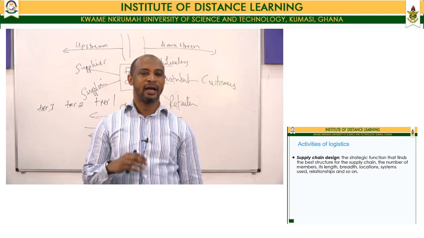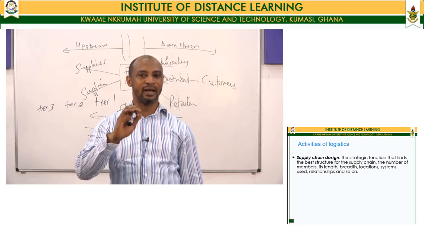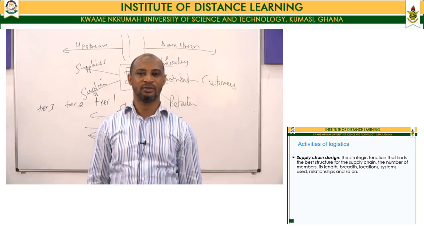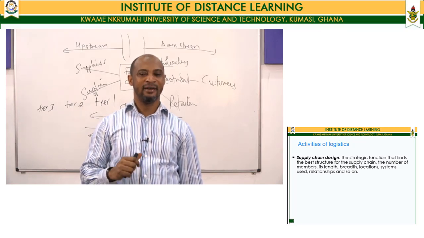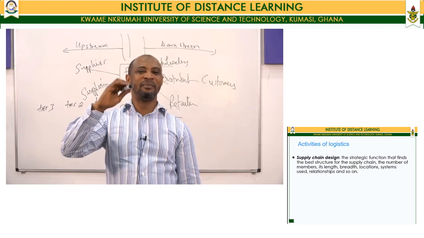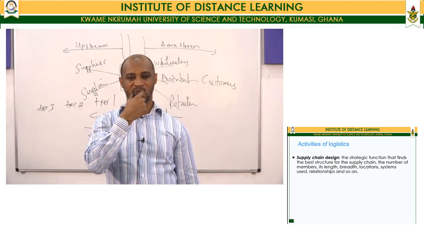So logistics activities have three main functions. First is supply chain design. That is the strategic function that finds the best structure for the supply chain.